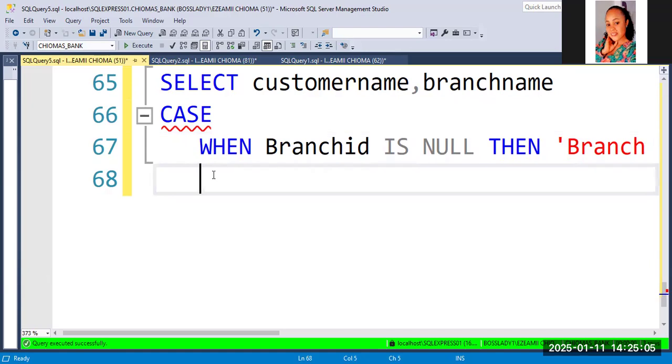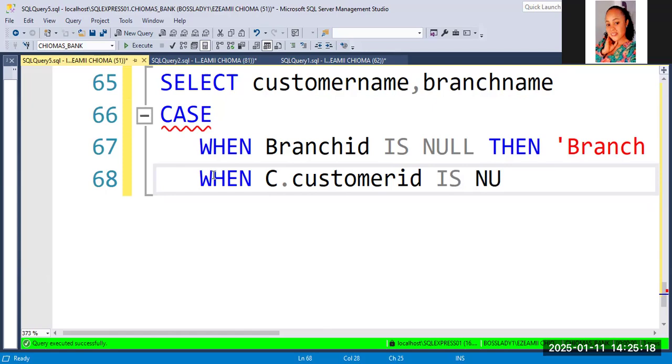Then when customer ID is null, tell us that customer is missing.